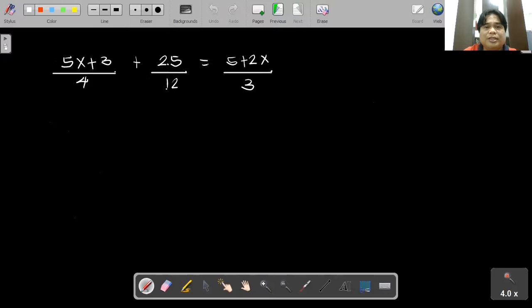Okay, so from this example, we can very quickly say, what is its least common multiple, meaning the smallest number that can be divided by 4, by 12, or by 3, and that's 12, right? That's 12.